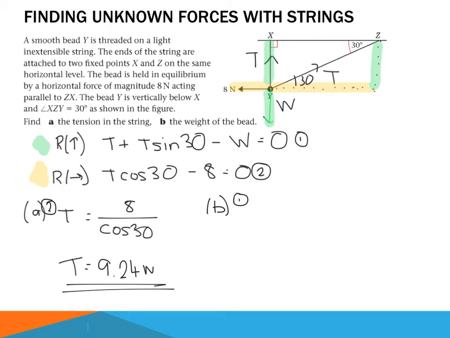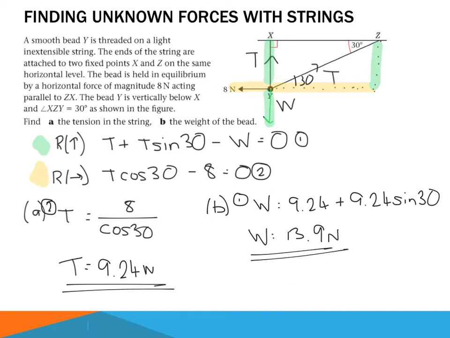Equation 1, so W is equal to 9.24 plus 9.24 sine 30. As usual, to try and be as accurate as possible, use the answer button on your calculator rather than the 9.24. And that will give us 8 root 3, which comes out to be 13.9 newtons, correct to 3 significant figures.